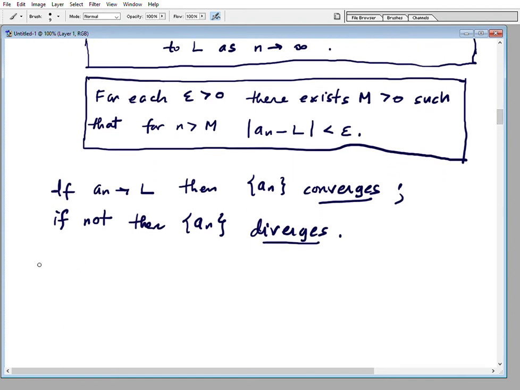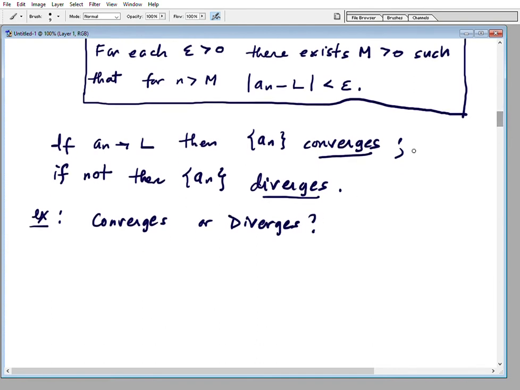Okay, so we're going to do some problems where we ask, does it converge or diverge? And we'll just have a couple of methods for figuring this out. So we'll have the nth term, and we'll want to know if it converges or diverges.